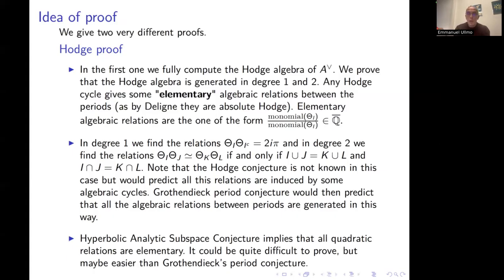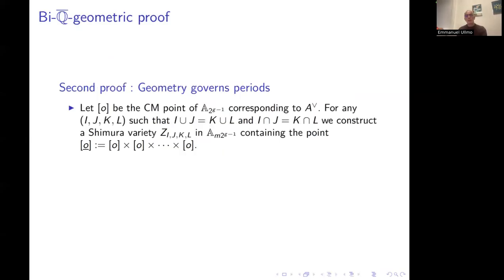So another way that I like is the following. You have this point which corresponds to HH, so an anti-Weil point in A_2 power G minus 1.